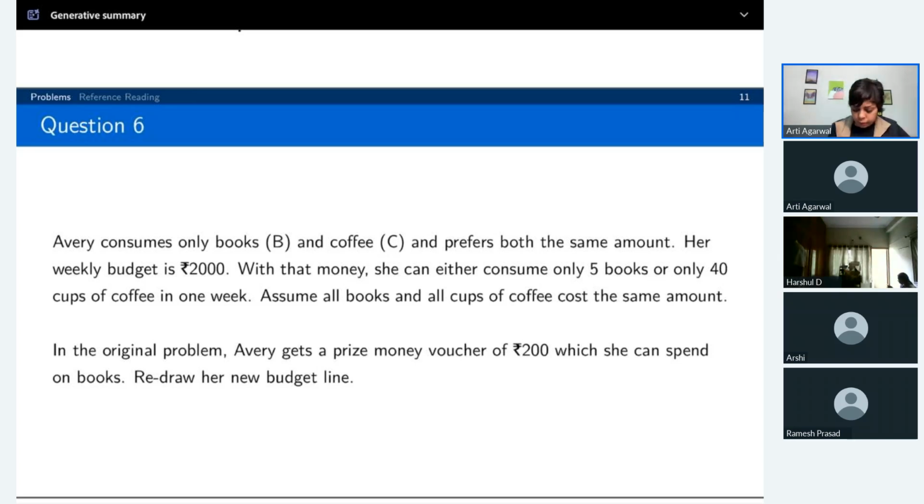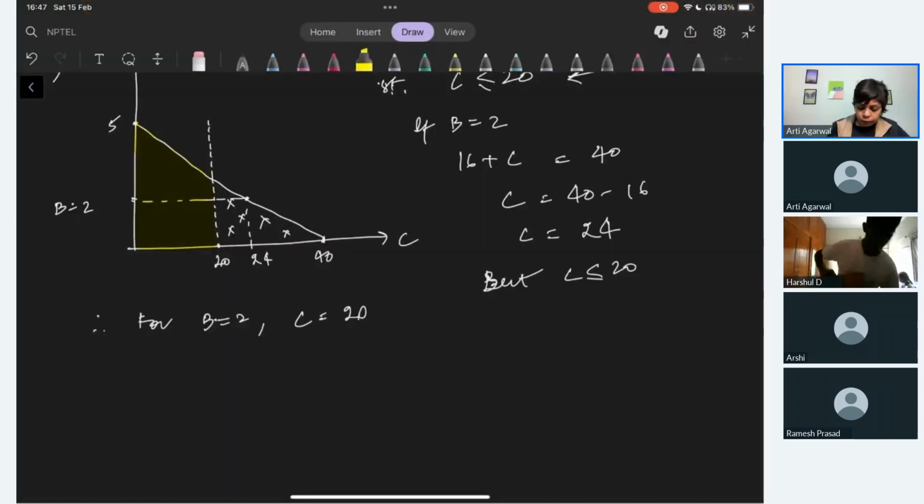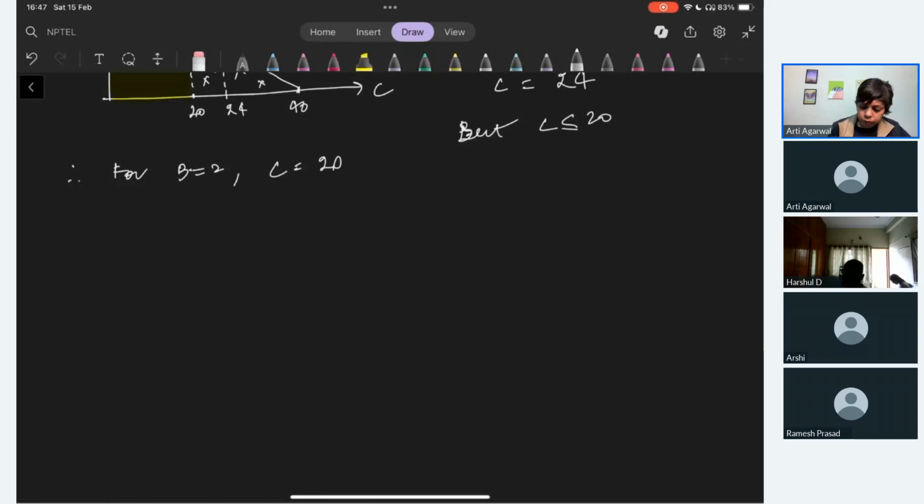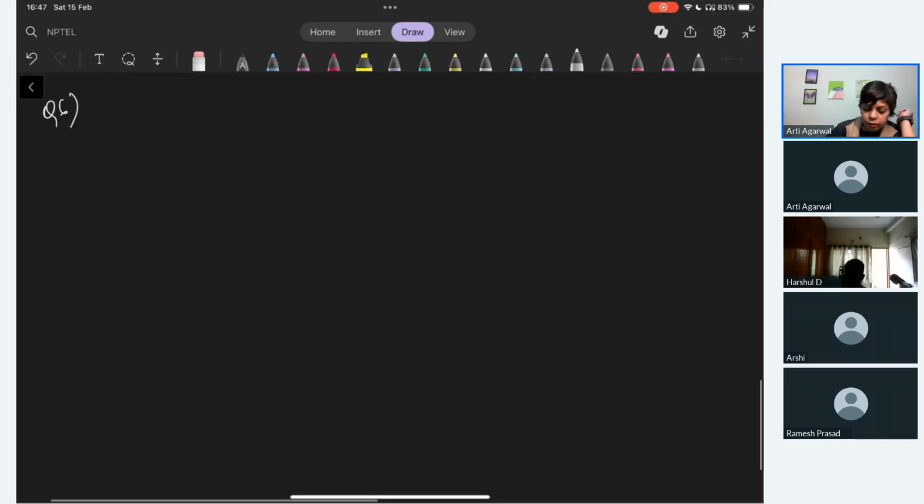Let's draw this. So it's question 6, I think. In this case, let me draw the diagram a little bigger because this is a messier diagram.